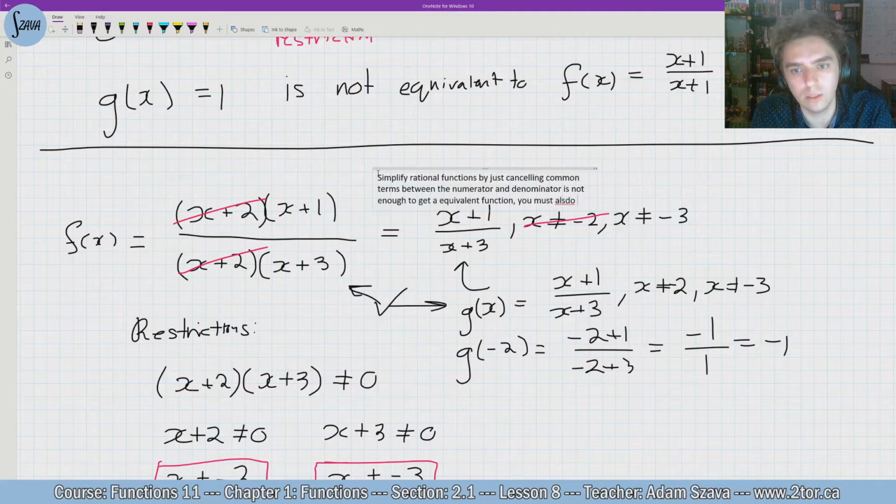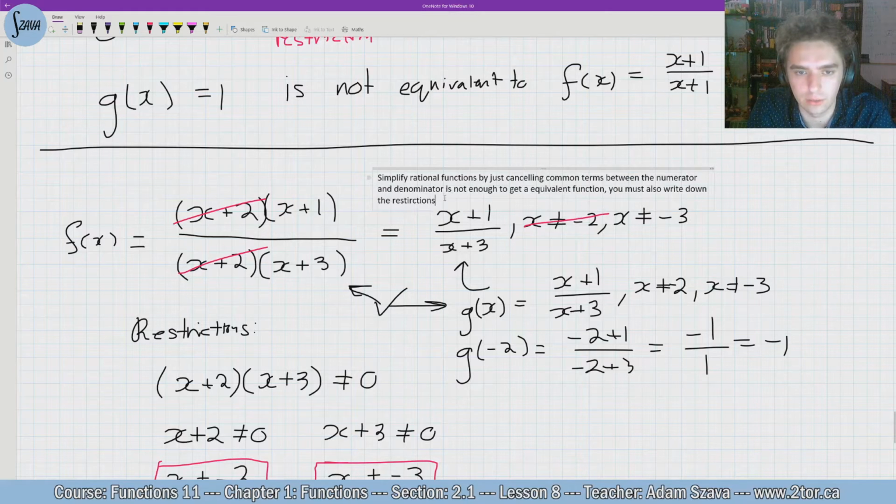You must also write down the restrictions that the original function had.